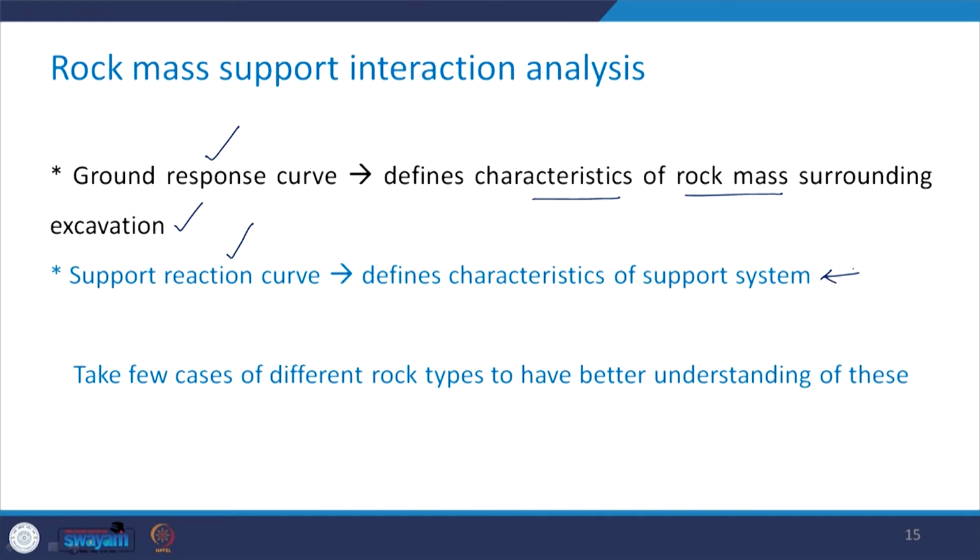Now, in order to understand these two curves in a better manner, we will take a few simple cases of different rock types. So, first I will discuss with you the two-dimensional situation, and then we will go to the three-dimensional situation.